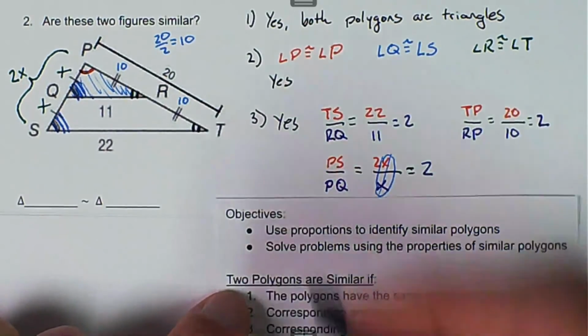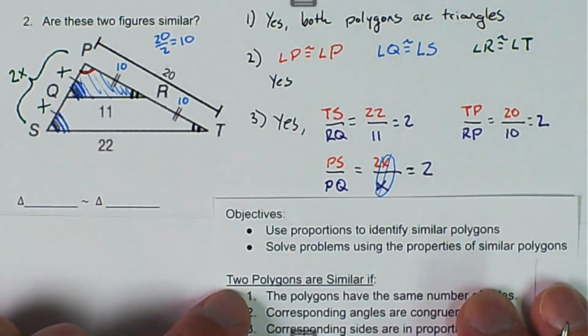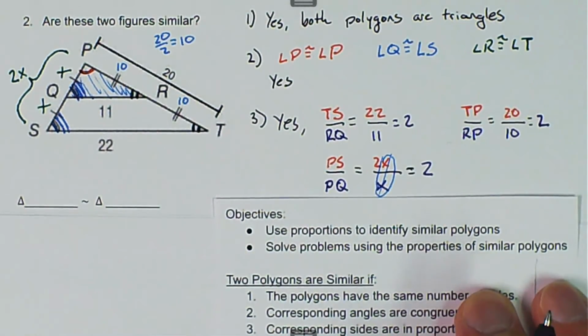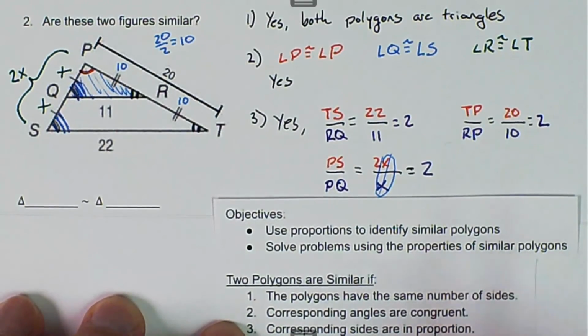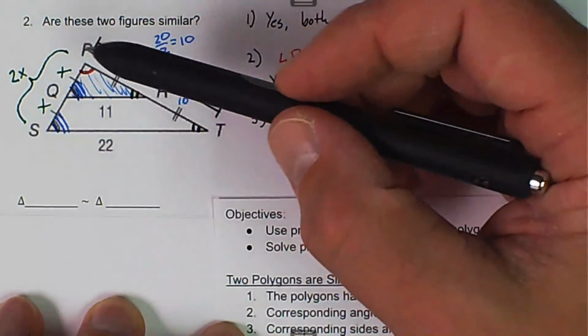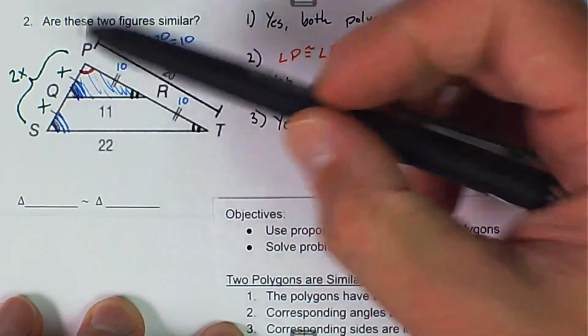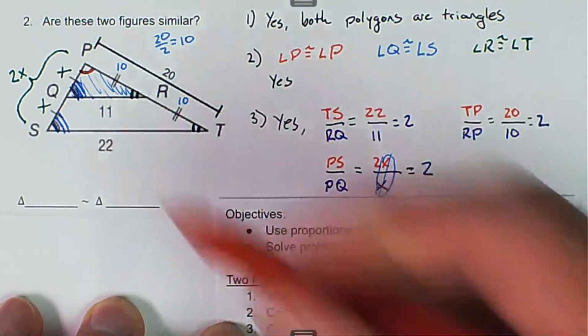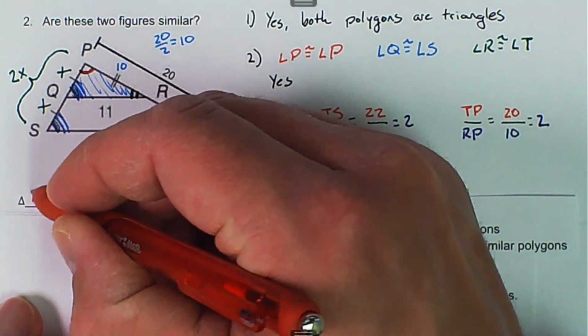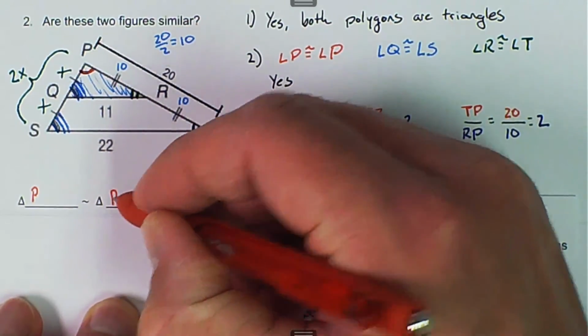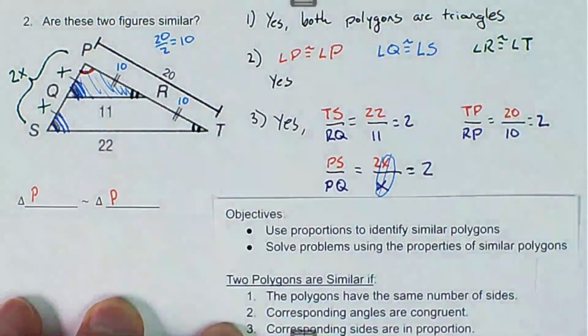So we have 3 yeses. So that means that these two triangles are similar. We just have to come up with a correct naming system. And again, I'm going to use the same thing: 1, 2, 3, 1, 2, 3. So P corresponds to P. They both have 1 mark on the angle.